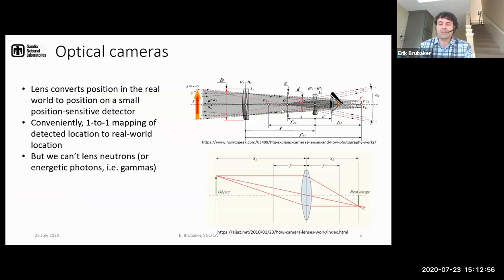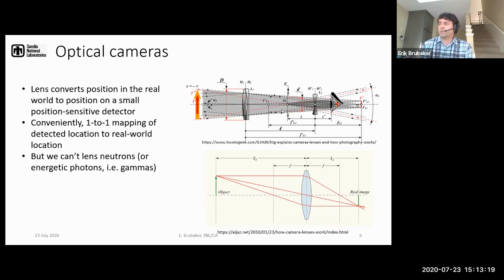The way I think about imaging of energetic radiation is, let's start with what we usually think of when we talk about imaging, which is taking a picture. We all have cameras that we carry around with us all the time. How do optical cameras work? What happens when we take a picture of the environment around us in optical photons?